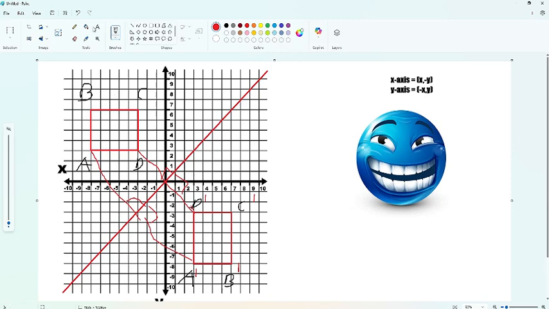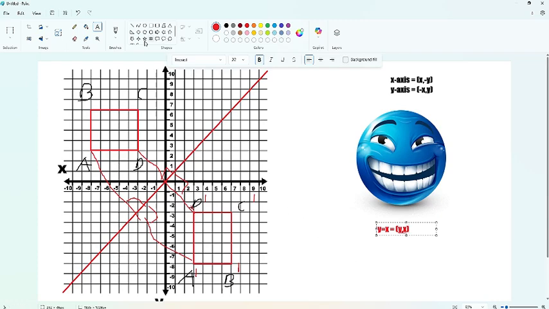But now what is the rule for this? Take a second to figure it out. Did you guess it? y = x.